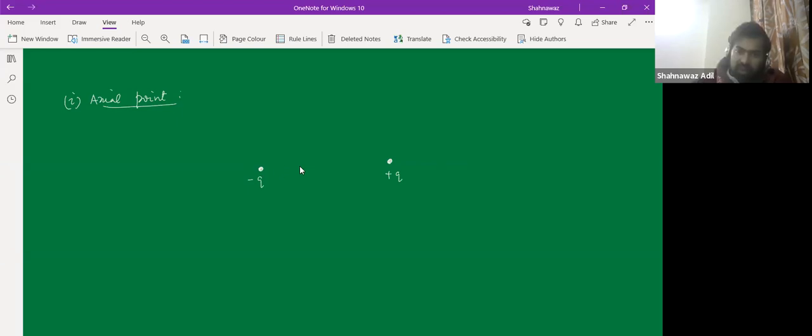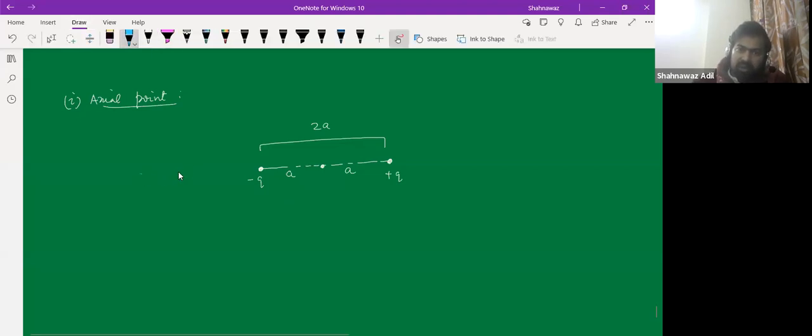So let us say this distance is 2a, and remember, this is small. So let's pick the center of this. The center would be, so this would be a and a, right? And this is the line of this dipole, right?